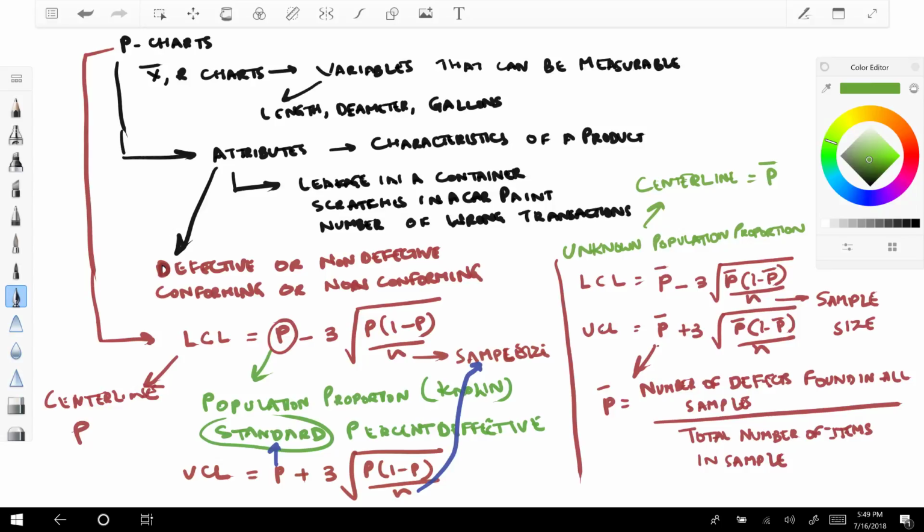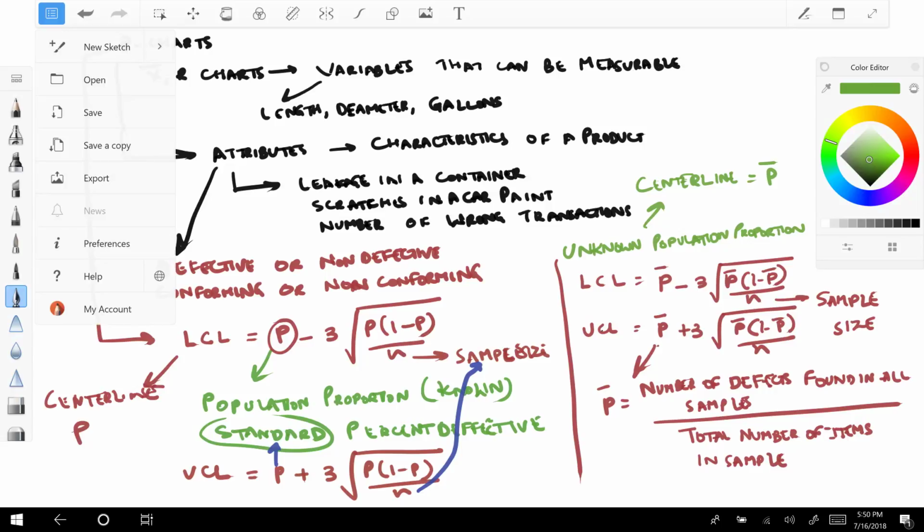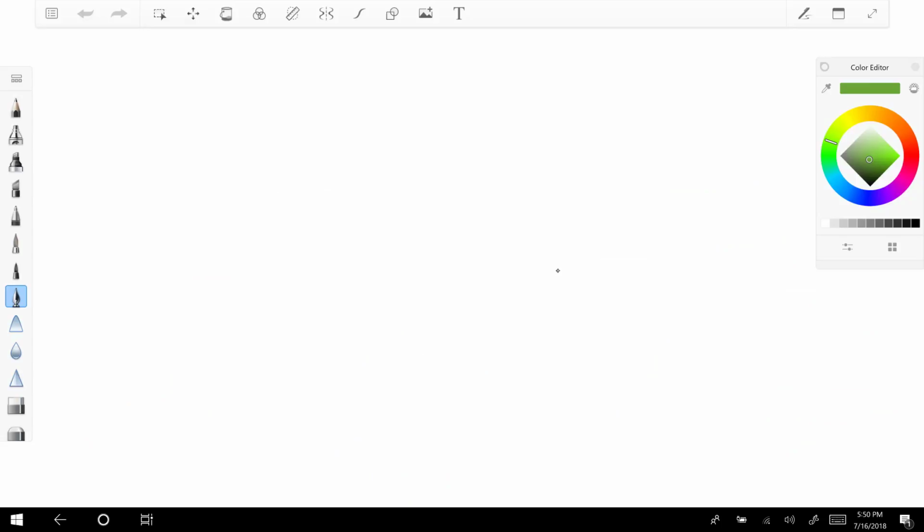Now we can solve a couple of problems by using P charts. Let's discuss the problem.